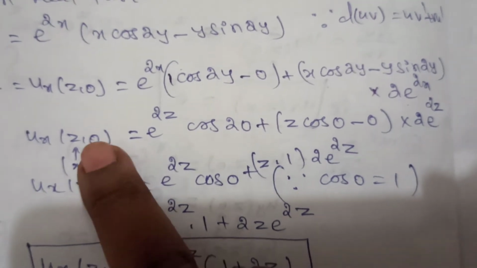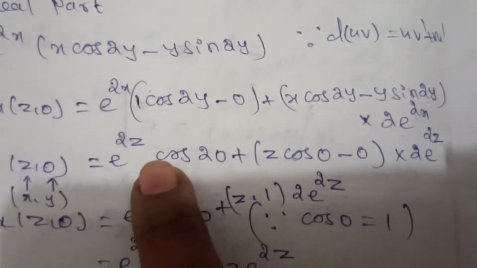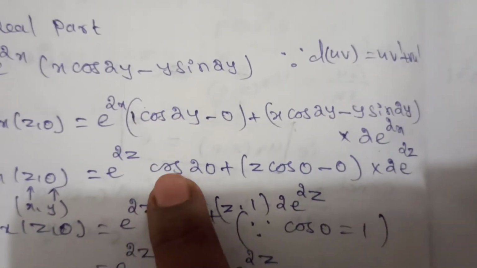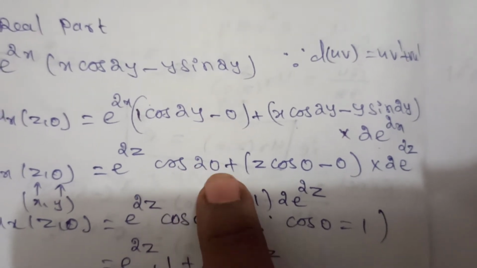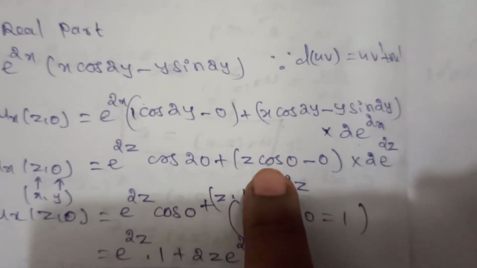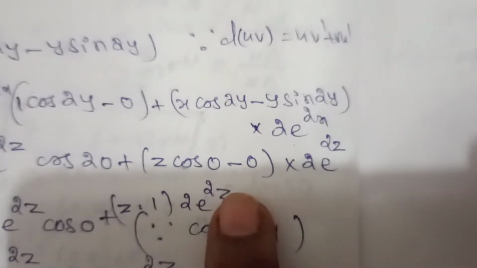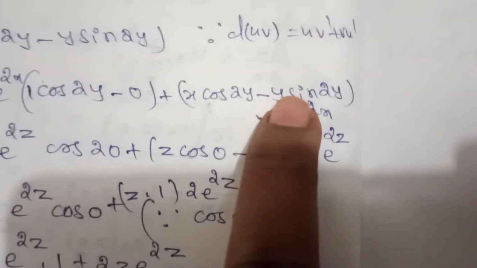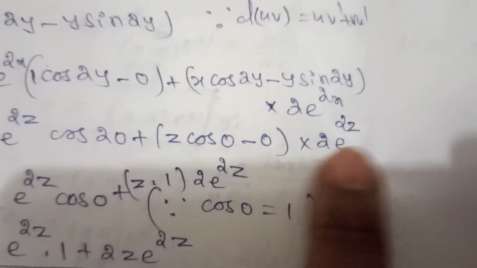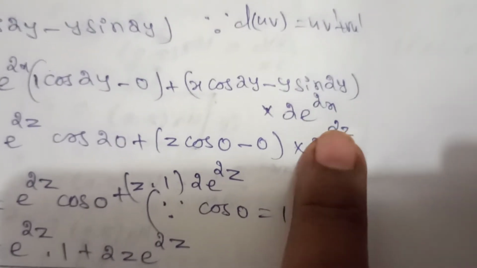Substitute x as z and y as 0. That is e power of 2z into cos 2 into 0, cos 0, plus z into cos 0, minus y value 0. So y is 0, and 0 into anything is 0, so minus 0, into 2 into e power of 2z.